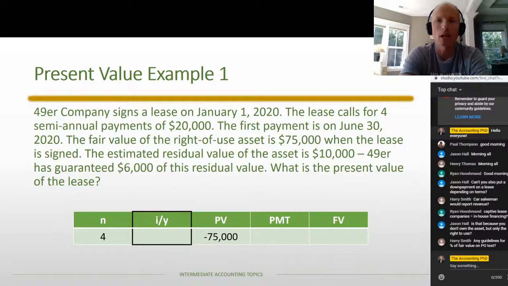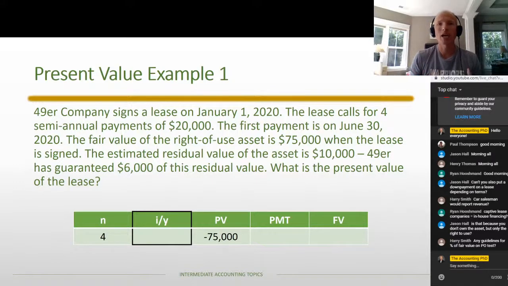What am I communicating by putting a negative 75,000? Well, essentially that lessor is foregoing the use of that asset. If the fair value of the asset is $75,000, by allowing the lessee to use it, they're foregoing selling it for $75,000.